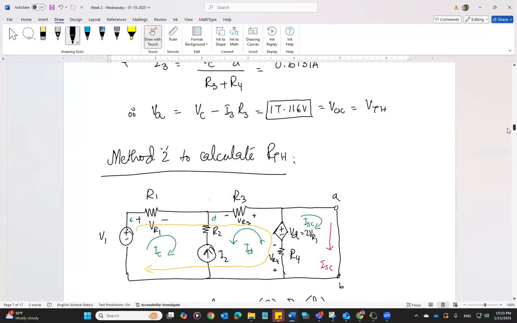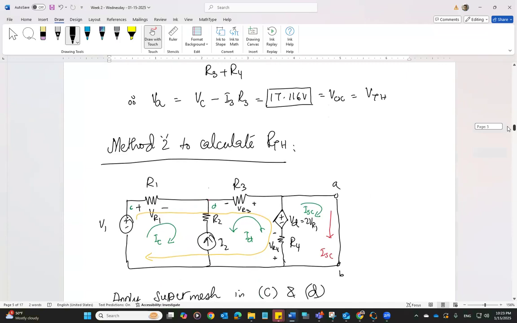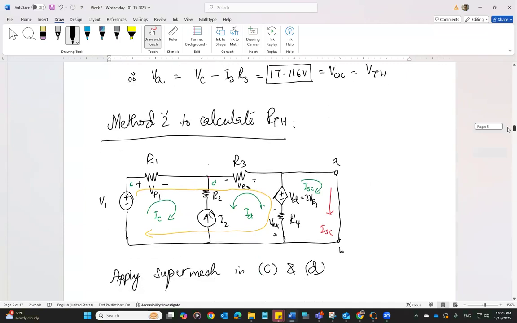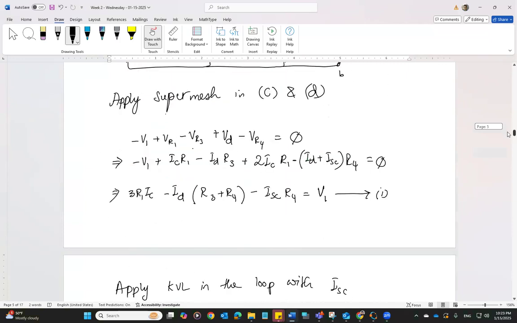I mean, it's possible that the second method might be easier for some other circuits. That is, if you short circuit the open terminals, you may eliminate other stuff, and it turns out to be easier. But again, it all depends on the circuit. If we know both methods, we can analyze in our mind which method might be easier to calculate the current value, either short circuit current or test current.